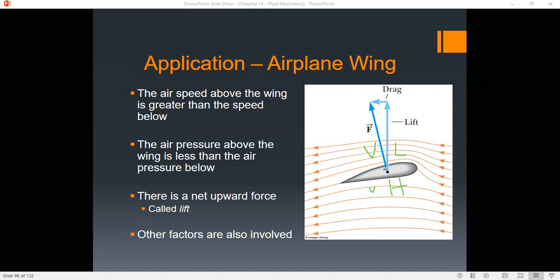With higher pressure below than above, that results in lift. So, very simple demonstration of how Bernoulli's principle creates lift. There's also Newton's third law going on here, because as the fluid is forced at a higher velocity above the airfoil than below the airfoil, it also pushes the air downward. So for every action, there's an equal and opposite reaction.